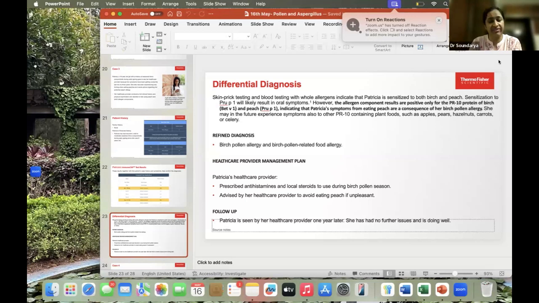Similar studies have been done with mugwort as well as with fungi, showing that these carbohydrate determinants tend to confound the clinical picture.